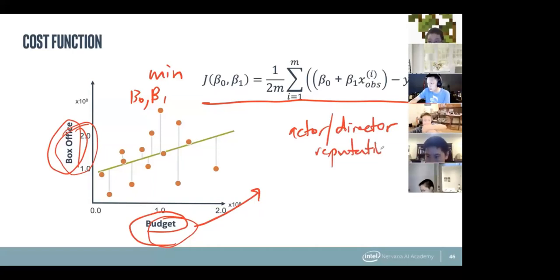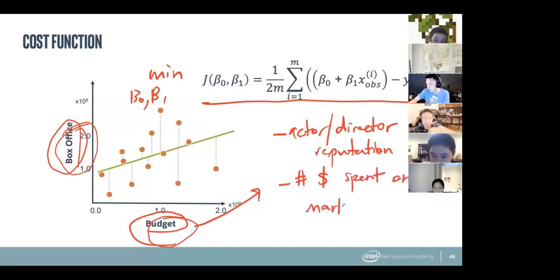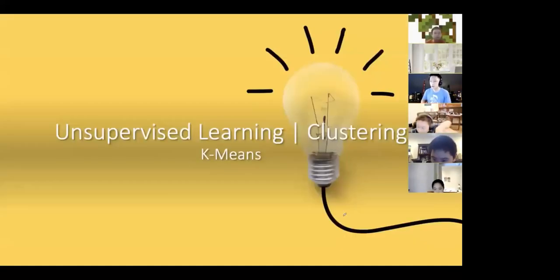This is important. Also, the amount of money spent on marketing. That's not exactly the budget. So, et cetera. As a machine learning person, you will have to understand how to identify all of these kinds of things. Cool, so this was my little aside.